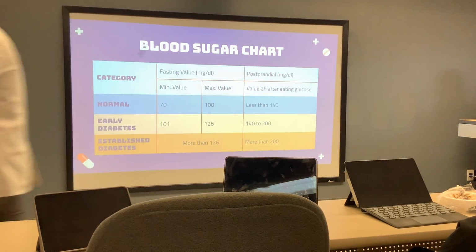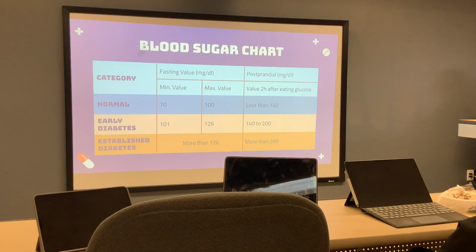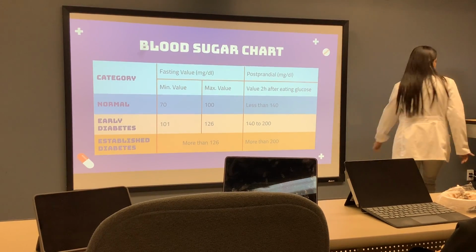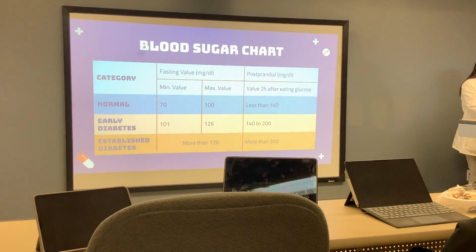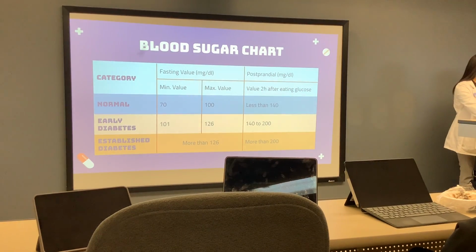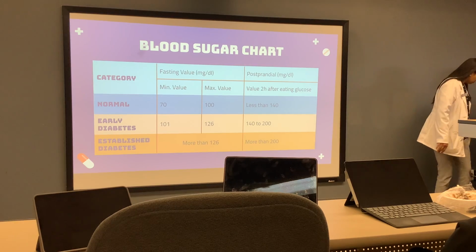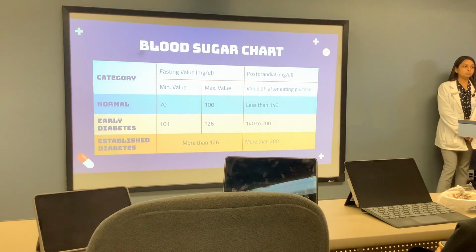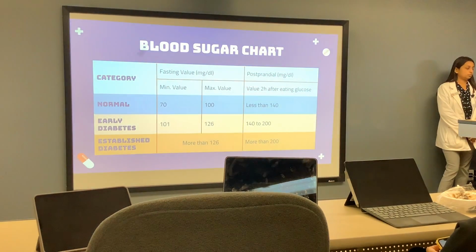And if after they eat it's between 140 to 200, that's also indicative of possibly being pre-diabetic. Then if their fasting value goes above 126, they most likely have diabetes. And if the postprandial value is more than 200, they also most likely have diabetes.